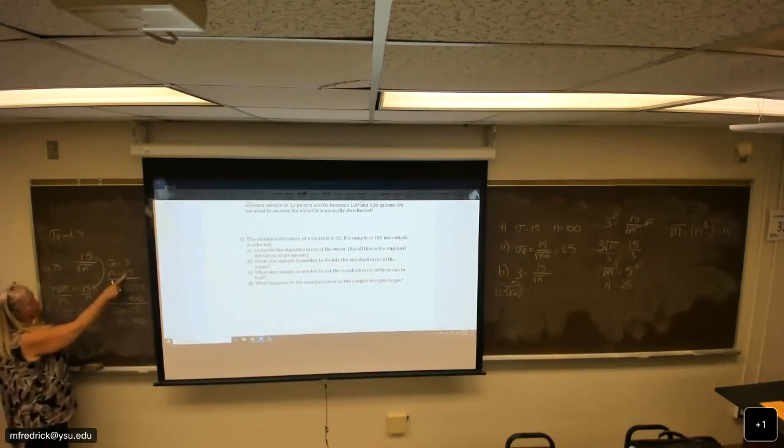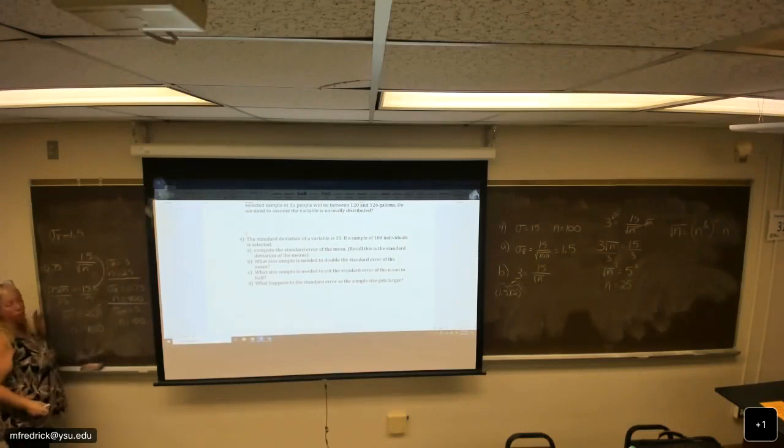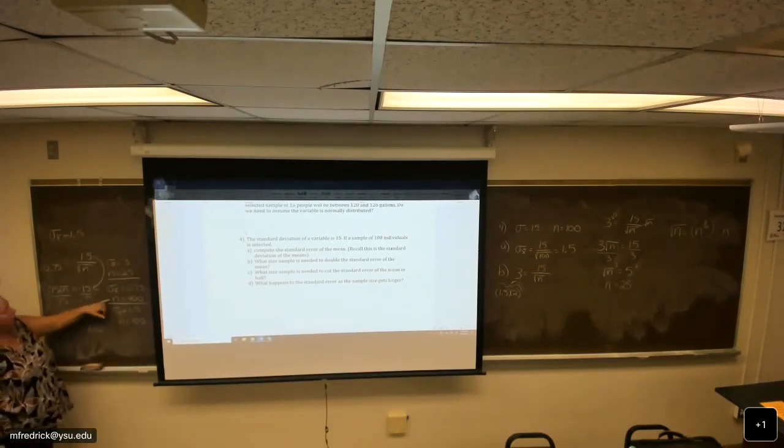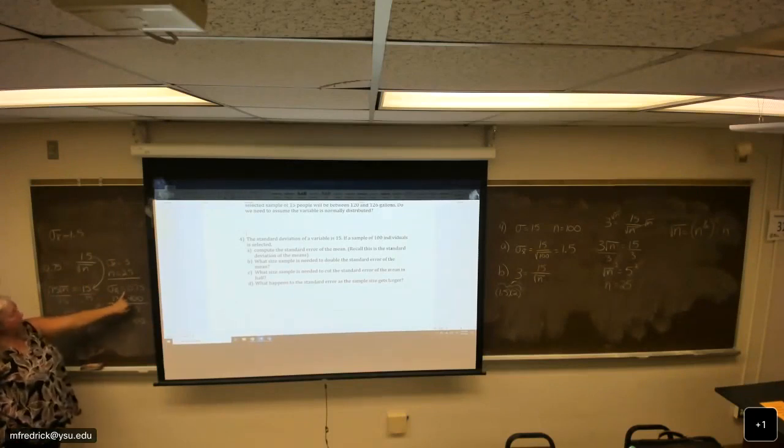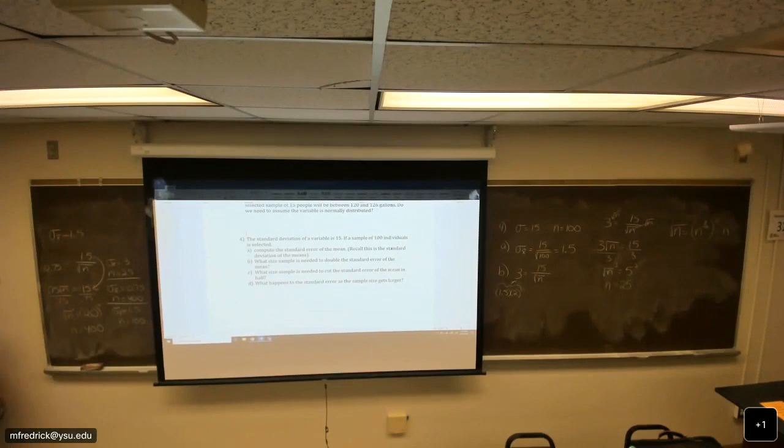This one is the smallest sample, the standard deviation is larger, it's less accurate. So the larger your sample size, the smaller the standard error. But you can't always get a sample that large, so then you've got some error. Any questions on that?